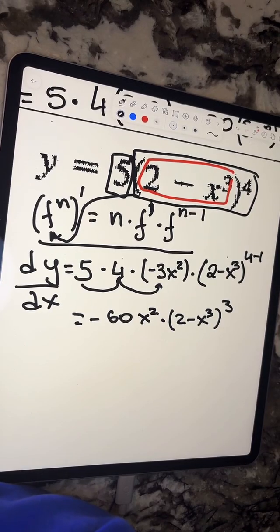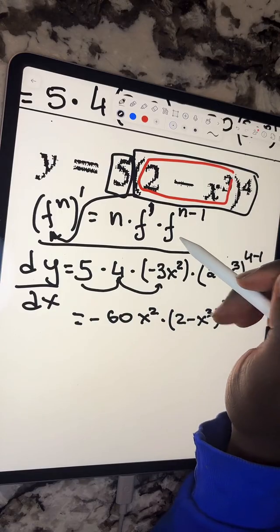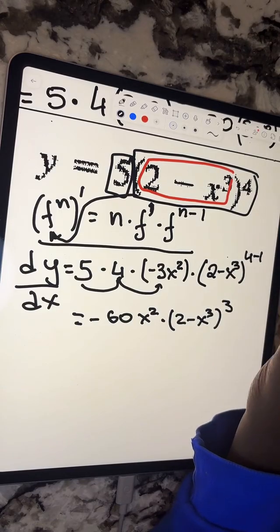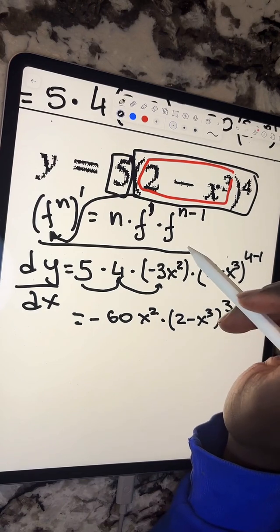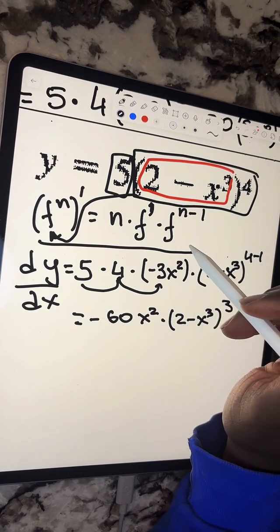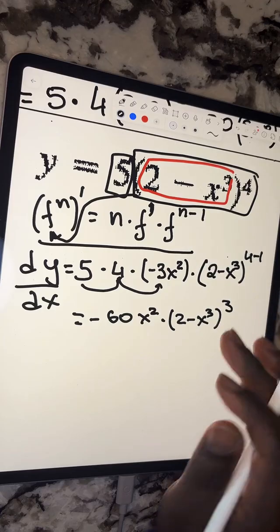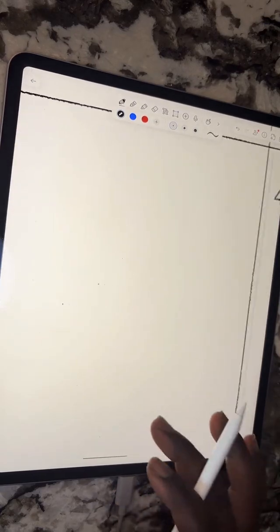Let's get the likes up. Derivative made easy. If you're struggling with the chain rule, this is another alternative. All right, guys, let's move on to the next one.